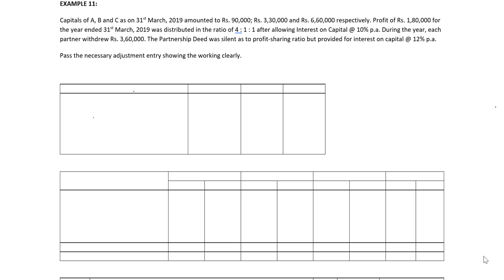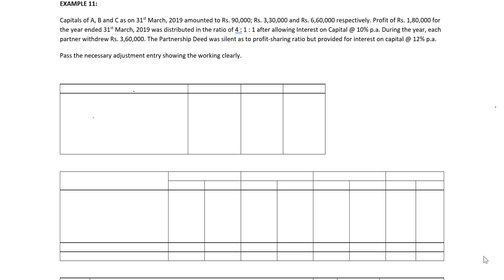Example 11. Capitals of A, B and C as on 31st March 2019 amounted to rupees 90,000, rupees 3,30,000 and rupees 6,60,000 respectively. Profit of rupees 1,80,000 for the year ended 31st March 2019 was distributed in the ratio of 4:1:1 after allowing the interest on capital at 10% per annum.